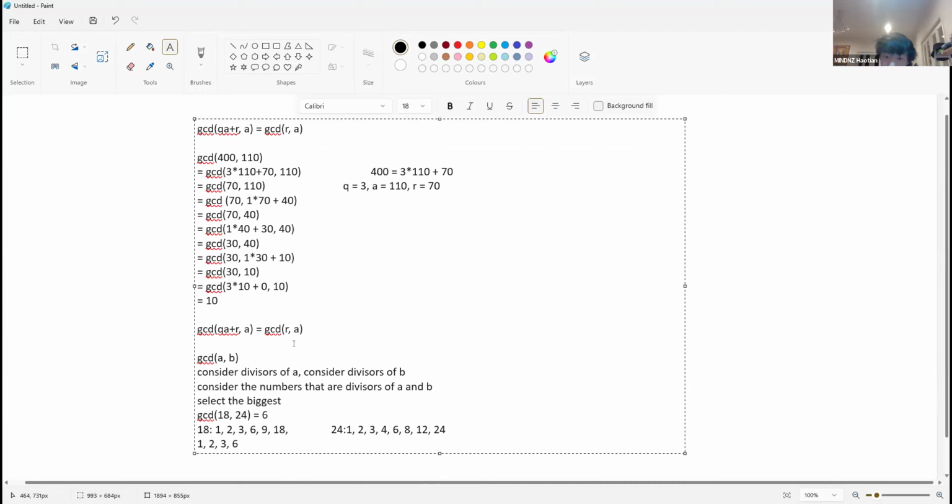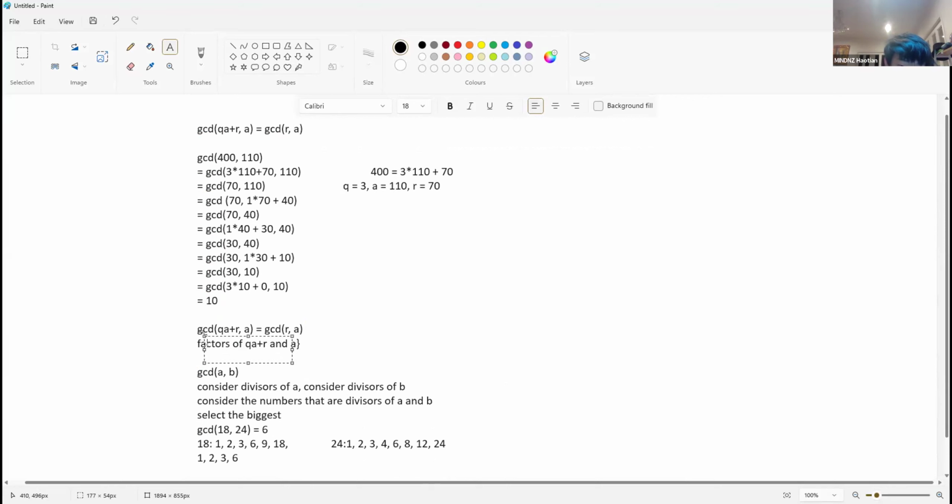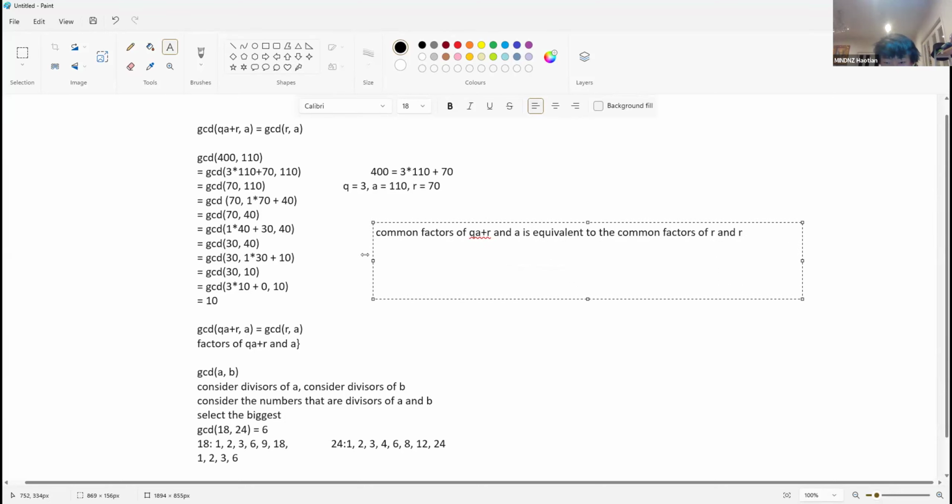And so we're going to prove this by claiming that the common factors of QA plus R and A are equivalent to the common factors of R and A. Oh, that's actually so sad. Oh my gosh. And if we can prove this, then these two lists are exactly the same, so the biggest number in the two lists must also be the same.